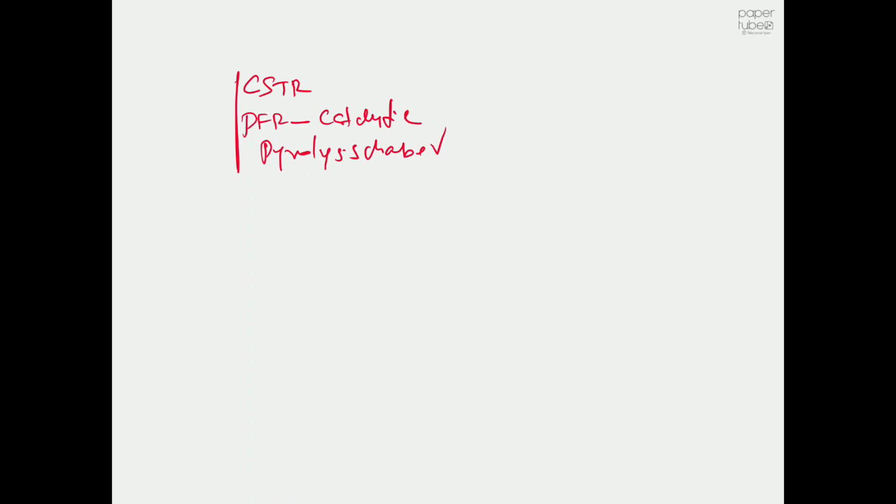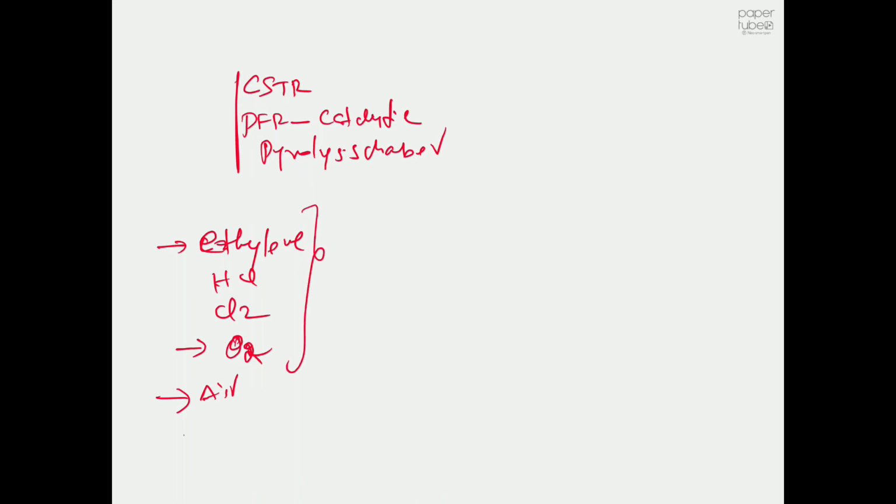In terms of reactants, write ethylene, hydrochloric acid, Cl2, and we also need air, so instead of oxygen we can use air directly. These are the feed streams, and the product streams will be ethylene dichloride and vinyl chloride monomer. Ethylene dichloride is our intermediate product, and vinyl chloride monomer is our final product.